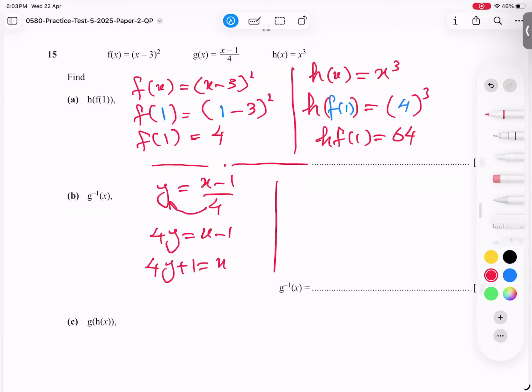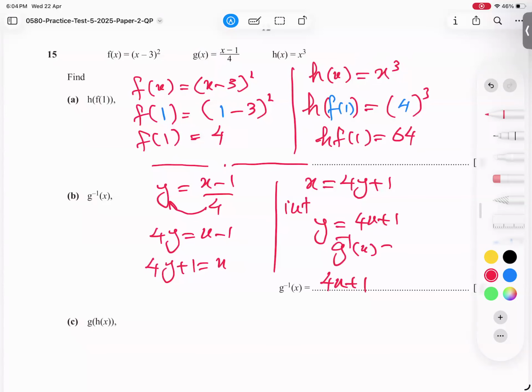Step number 3, switch. Switch means left becomes right and right becomes left. While switching, sign never changes. Now interchange: x becomes y and y becomes x. And this is called g inverse. So Alhamdulillahi Rabbil Alameen, we are bound to write g inverse. Don't leave it here. Done.